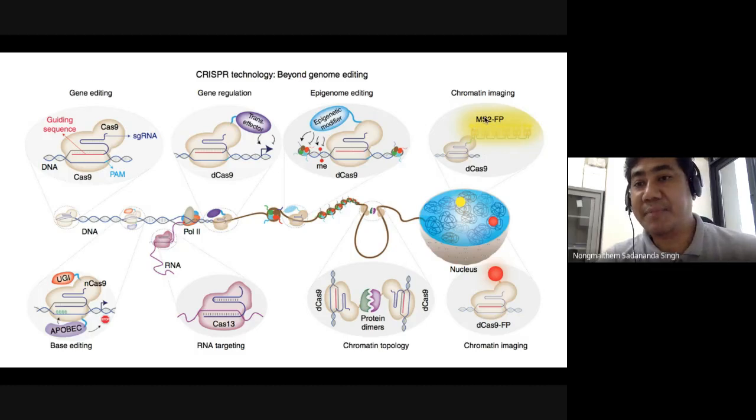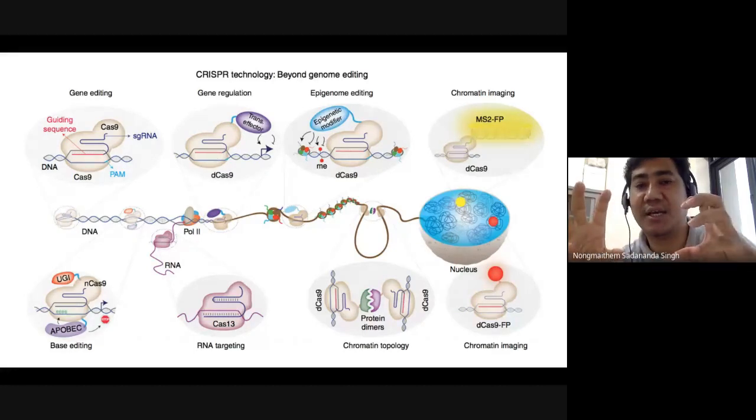So what people have done is, if Cas9 is tagged with multiple fluorescent markers, then you will be able to see the genomic locus. So you can do chromatin imaging as well.